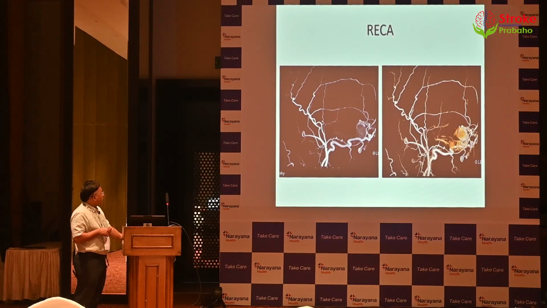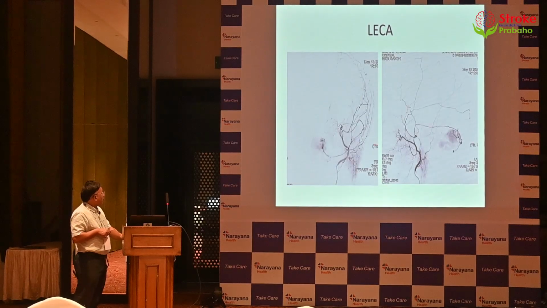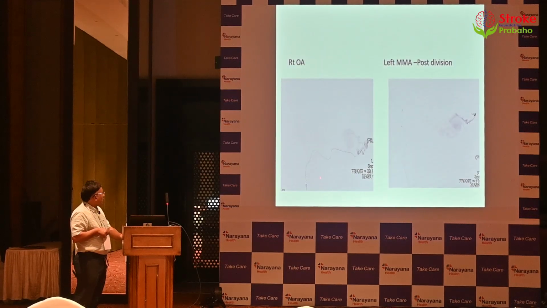This is the right external carotid artery injection, and we can see the middle meningeal artery is supplying the fistula. The left external carotid artery injection is a good supply to the dural fistula. So first we went to the right occipital artery but could not embolize nicely, so we went to the left middle meningeal artery posterior division.